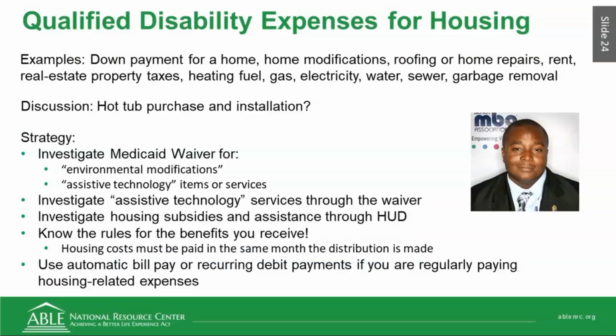I've already gone through this list, and one of the things I want to urge is, when I started reading the SSI policy, I was really taken aback, because if you pay for rent or other housing costs out of the ABLE account, there's no effect on the SSI payment because it's not considered income.